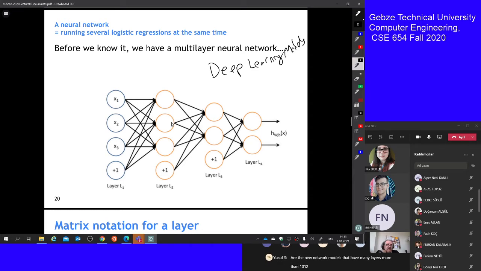If you have more than 10, 12 layers in your neural network, that's called a deep learning model. Nowadays, 150 layer networks are kind of the most popular ones. You can go up to 1,000 layers, no problem, but currently we don't get better results than 150 layers.